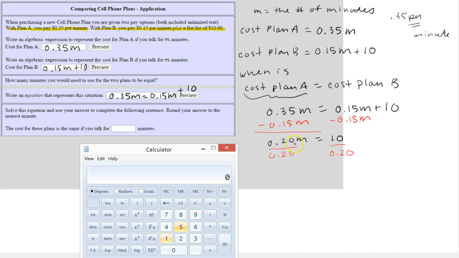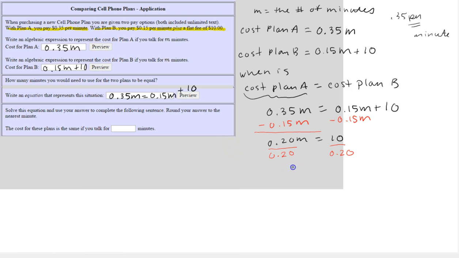On this side it just cancels, but on the right-hand side we have 10 divided by 0.2, which is 50. So m equals 50. Here the 0.20s cancel, that's just 1m, and here we're left with 50. So the cost for these plans is the same if you talk for exactly 50 minutes.